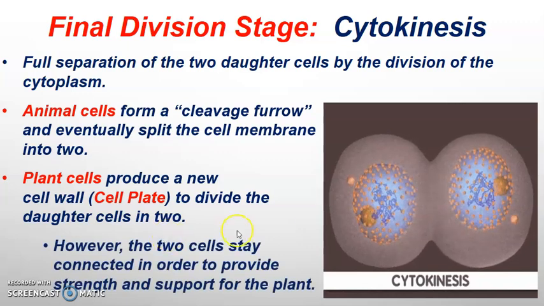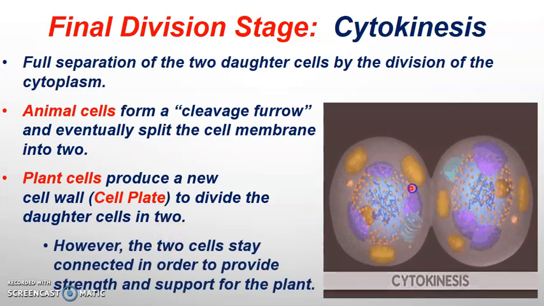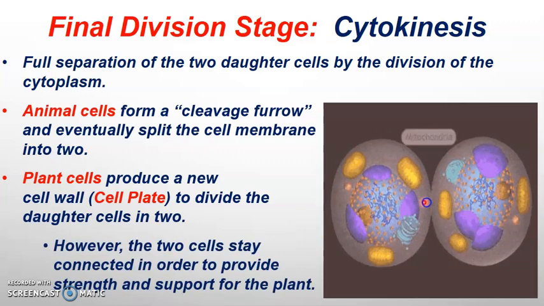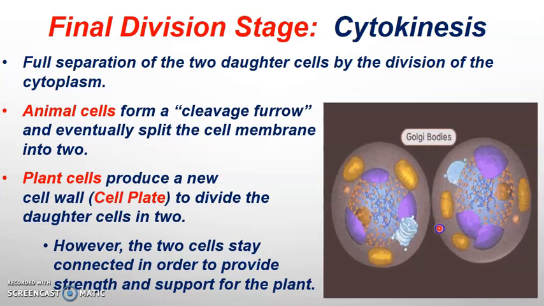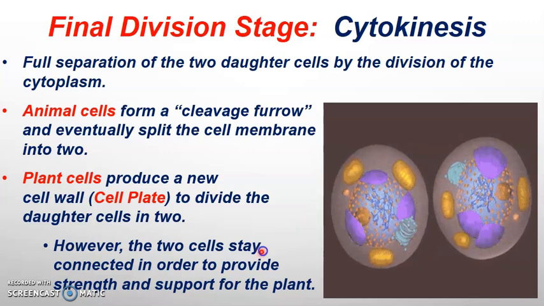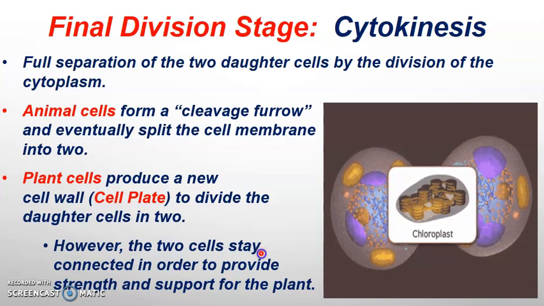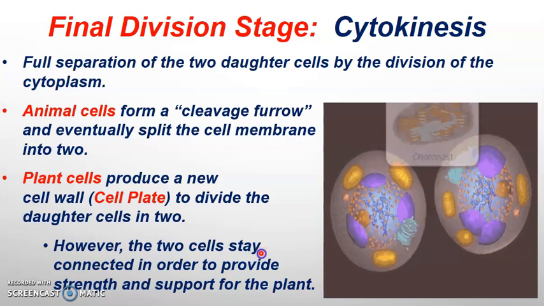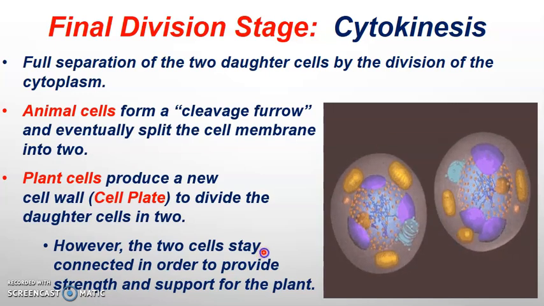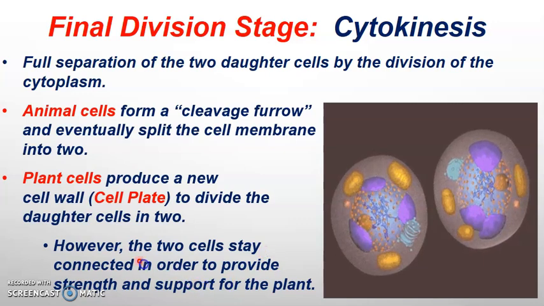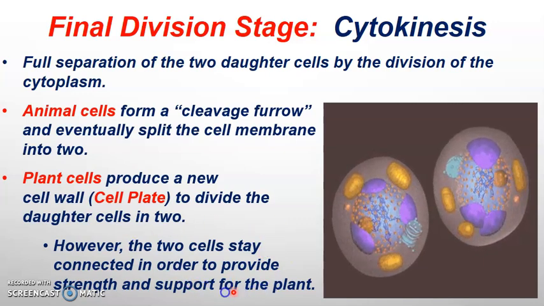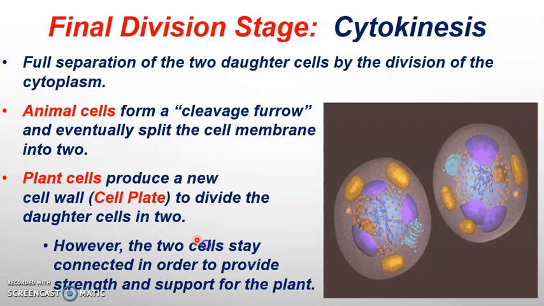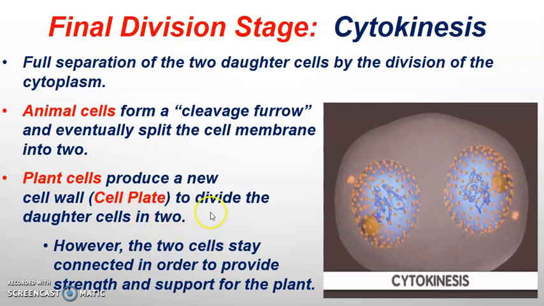But they never fully separate into 2 separate units. You're going to see on the next slide that they're still connected down the middle by a cell wall. And the reason for that is they don't have a skeleton like you and I do. They need every last bit of strength that they can, so they want to stay connected at least in some fashion together, and that's going to be by the cell wall.